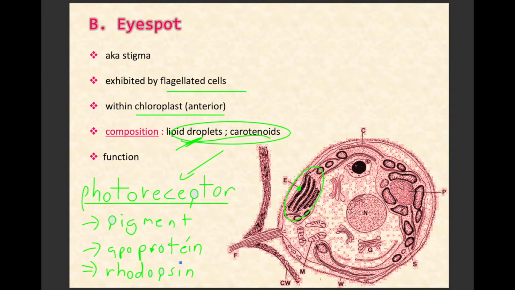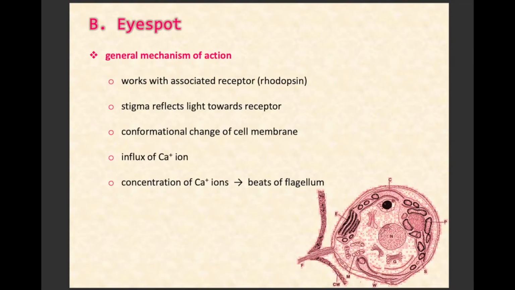So that's your rhodopsin molecule. In general, the action performed by your eyespot is this: imagine you have your light source here, the sun, or a UV lamp, or any lamp, a halogen bulb or fluorescent.